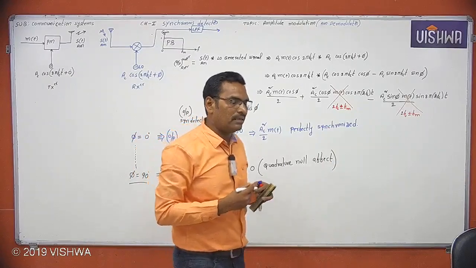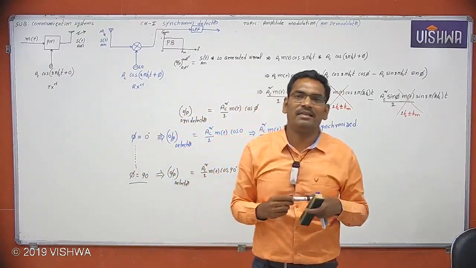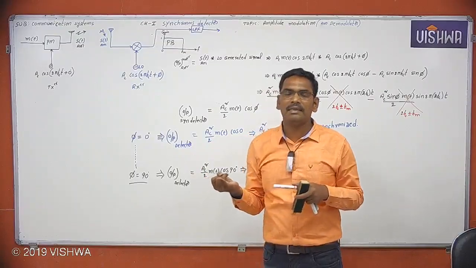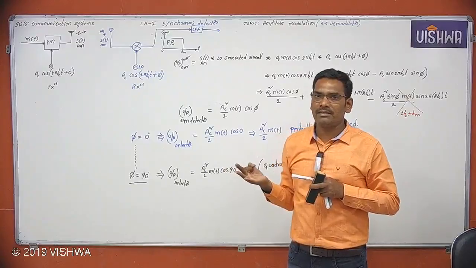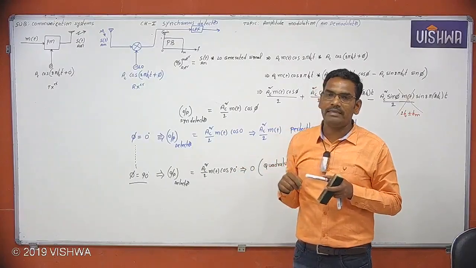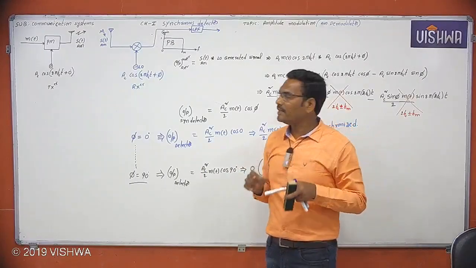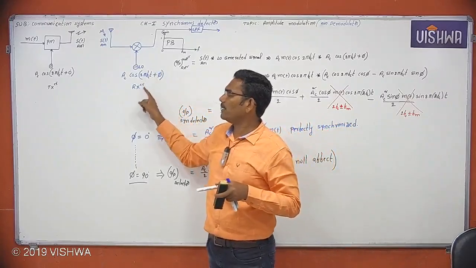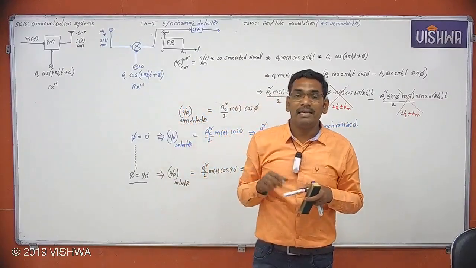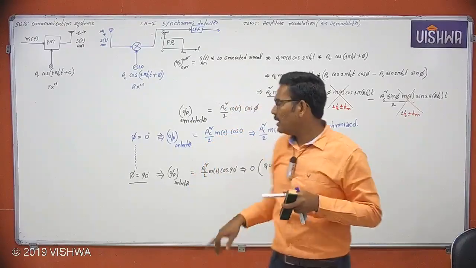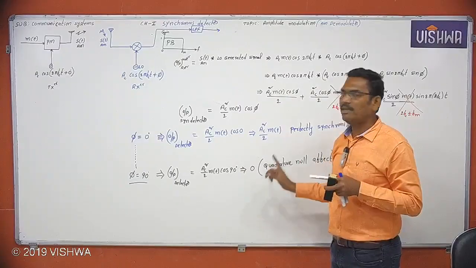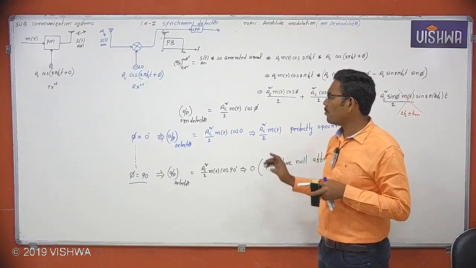Your cost is increasing, complexity increases, hardware implementation is also very difficult, and maintaining synchronization by using a local oscillator at the receiver is also very difficult. Such a difficult task you have to go through, and finally sometimes the output may be 0. That is nothing but the quadrature null effect.